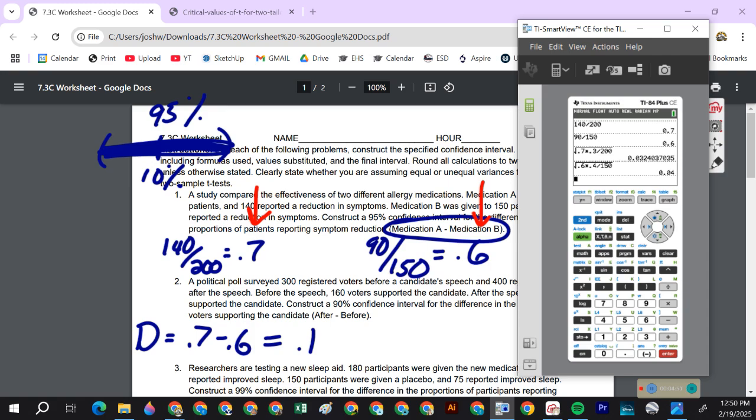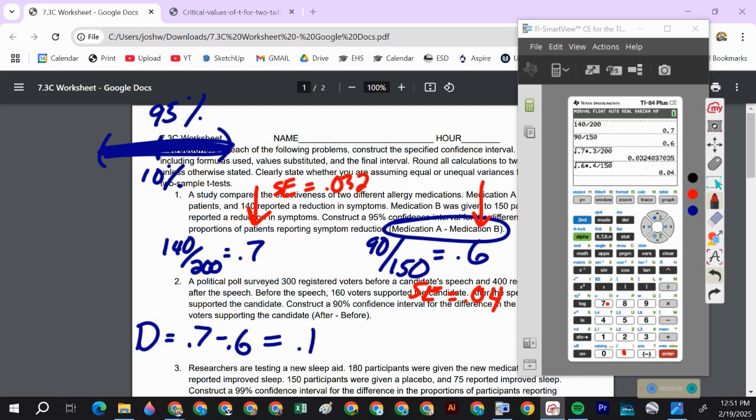Okay. So we have standard errors of 0.032 and 0.04. Now I need the standard error for the difference. Do you remember this formula? It's the Pythagorean theorem.